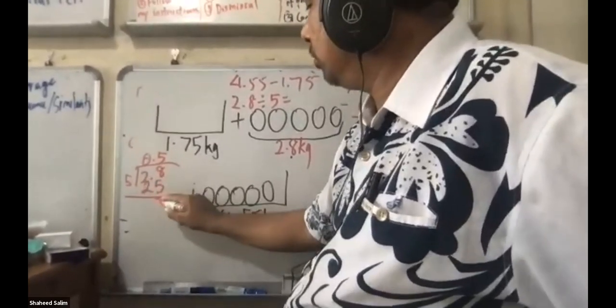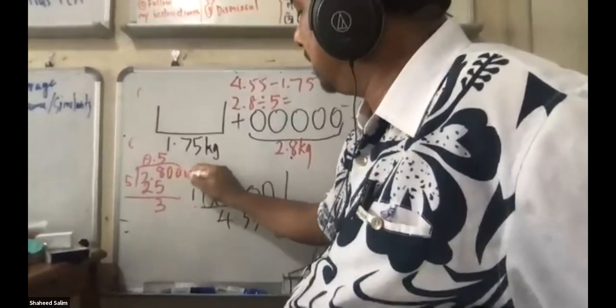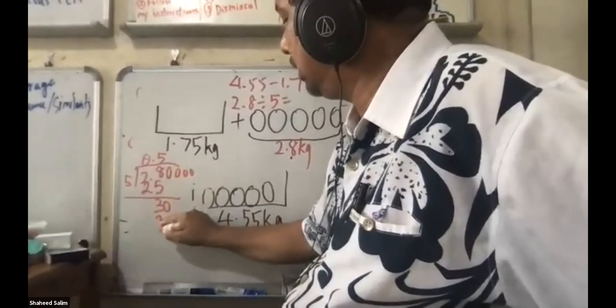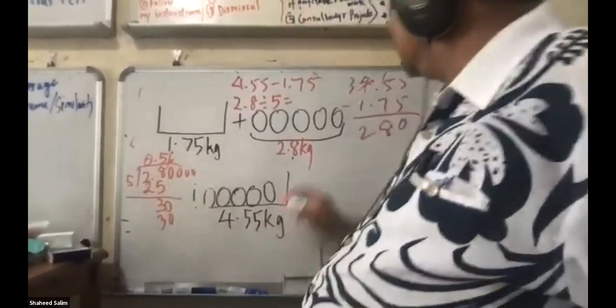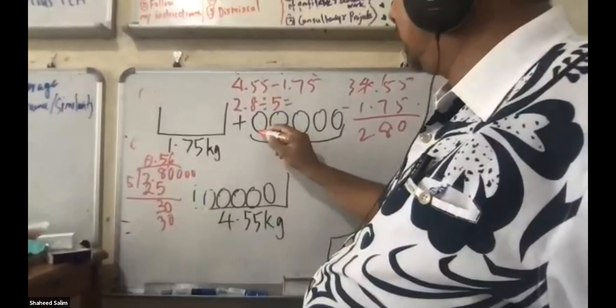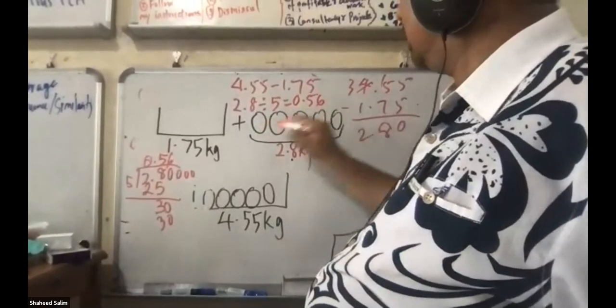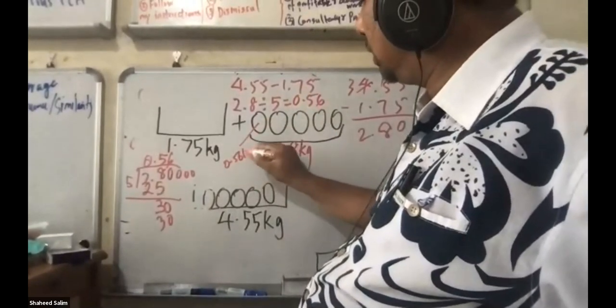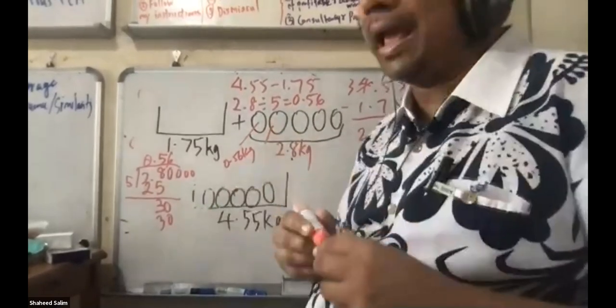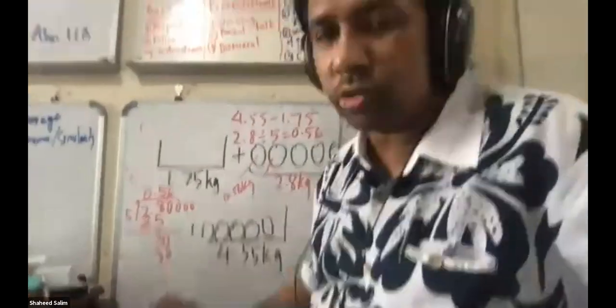Bring down, then you minus, you get 3. You can add as many zeros as you want. Bring the 3 down. 30 divided by 5 is 6. You get 0.56 kg. This is 0.56 kg, and so on and so forth.